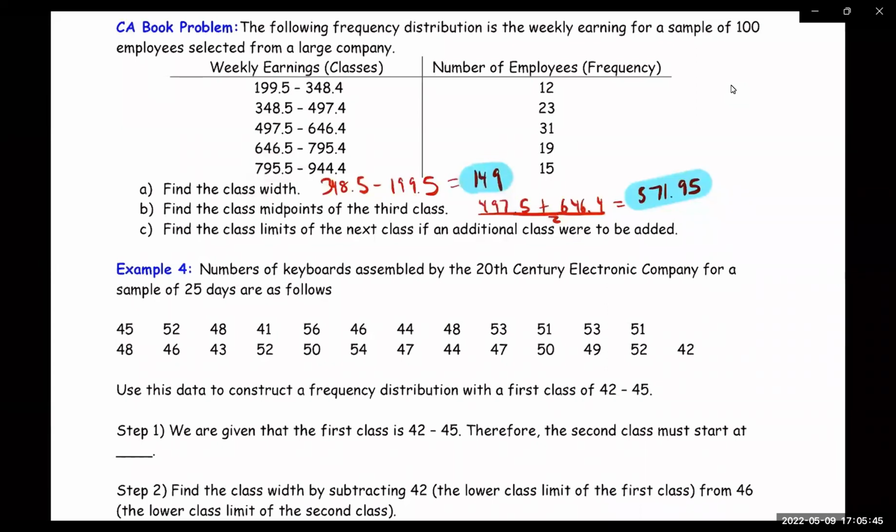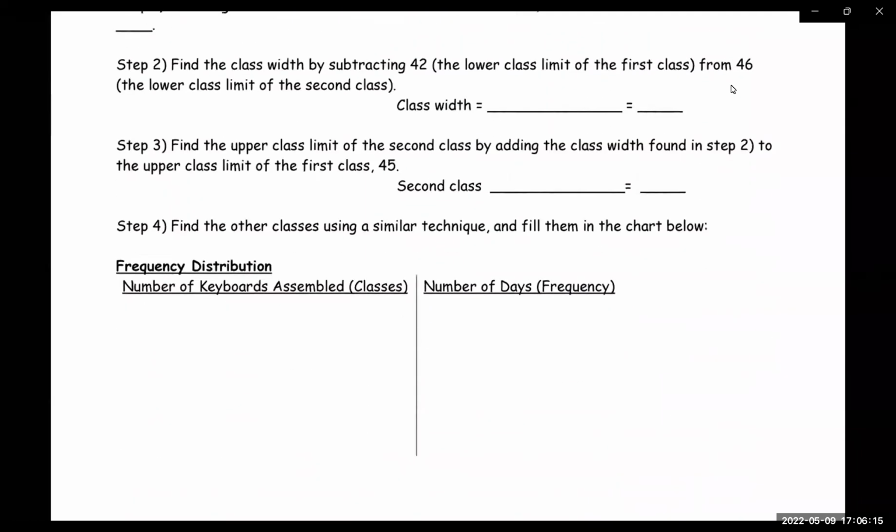I'm getting 944.5. And then for the upper, same thing. You take the upper class limit and you add the class width again, and that should do it. I'm getting 1093.4. Yeah, that's what I got. All right, cool.